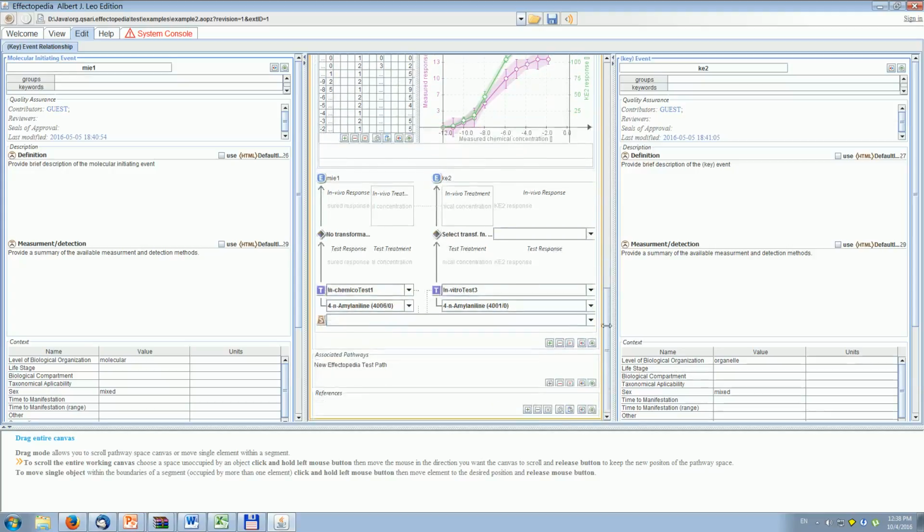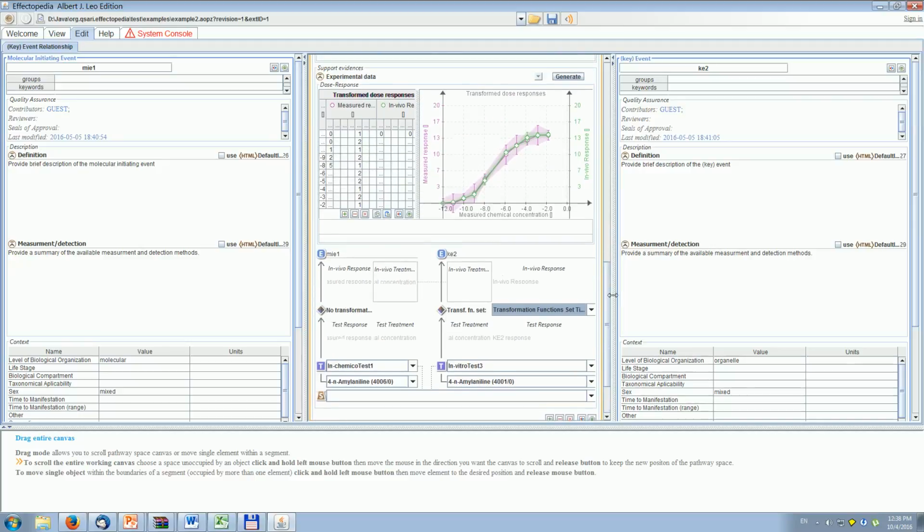So let's now use our transformation function, which we defined. And you can see, because it's actually scaling our response of the in vivo test 3 assay to become in vivo relevant response. Now you can see that this is already in vivo response instead of the original not transformed one.